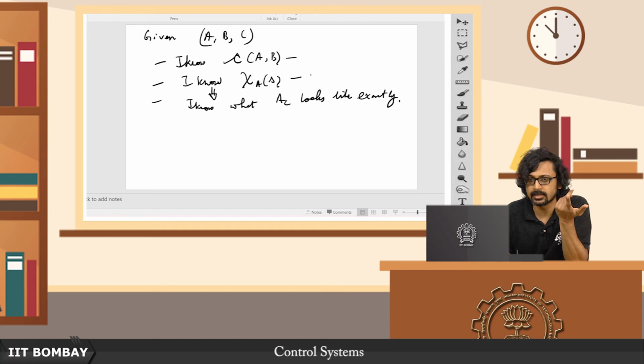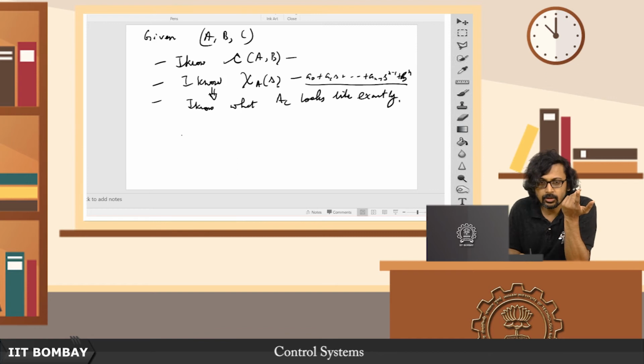Say I have evaluated this as a0 plus a1 s plus dot dot dot till a n minus 1 s to the n minus 1 plus s to the n, and immediately after evaluating this I know what A_C will look like.